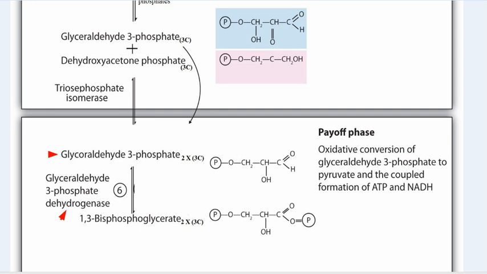So glyceraldehyde 3-phosphate, enzyme is glyceraldehyde 3-phosphate dehydrogenase. Dehydrogenation is going on and we are getting 1,3-biphosphoglycerate. So phosphate is on 1st carbon, phosphate is on 3rd carbon.